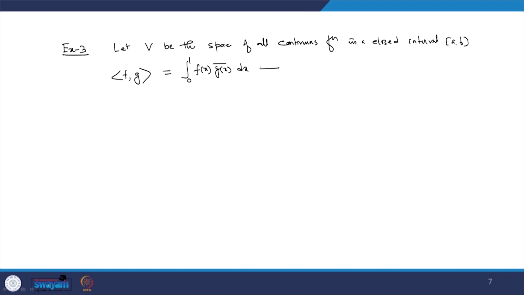This is an interesting example in our mathematics, specifically in analysis, which will be used in different cases. If I consider psi of f comma g equal to this, psi is a function from V cross V to capital F, then this function psi is an inner product.